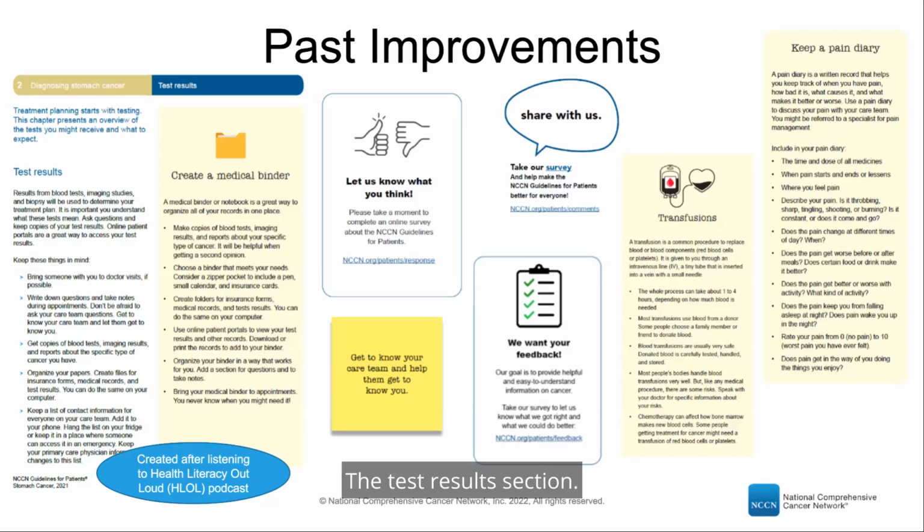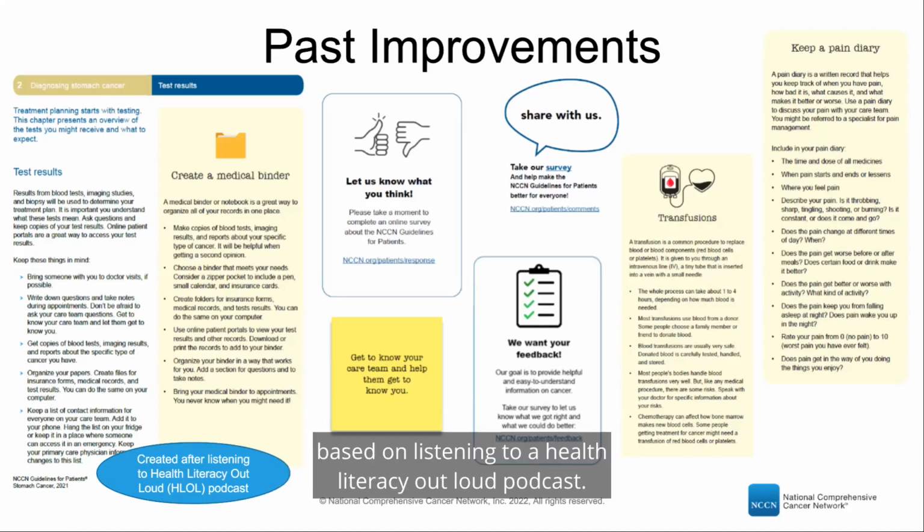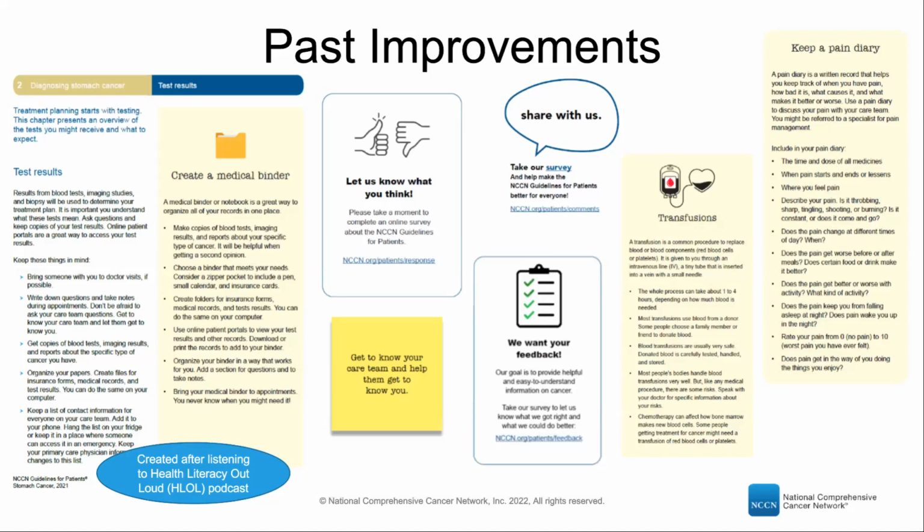The test results section. So on the left-hand side, this is kind of a standard. Well, it's a standard boilerplate for me. I use it in every book, and some of the other writers use parts of it or all of it. It's really up to them. And so I came up with this test results, kind of create a medical binder section based on listening to a Health Literacy Out Loud podcast.